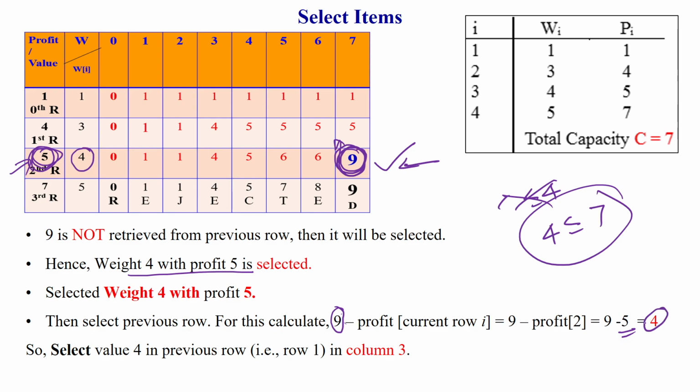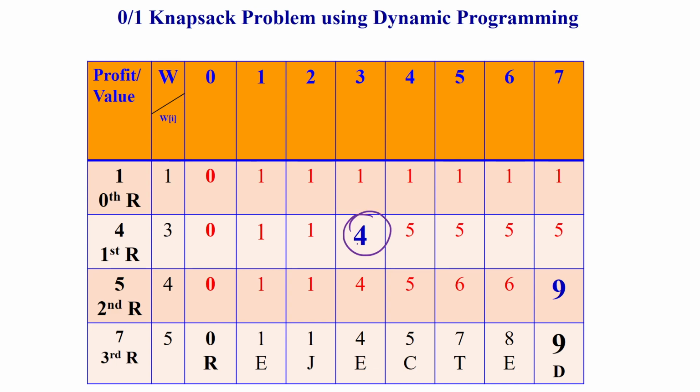Then you will get 4, right? So now we check the previous row, where those 4 units of profit are available, which is available here. So that 4 is to be selected now.